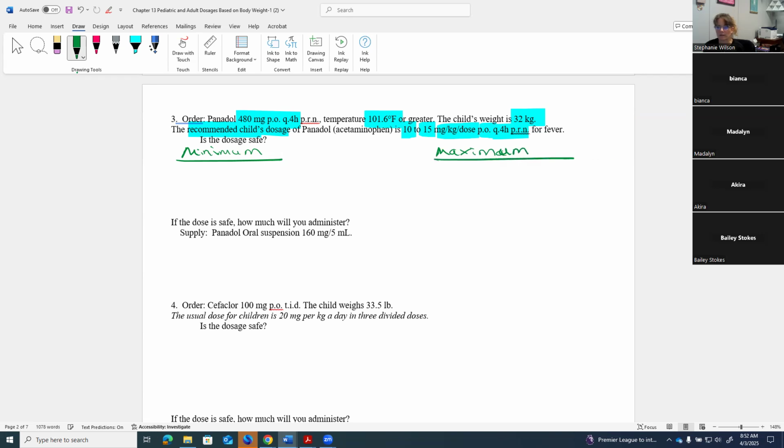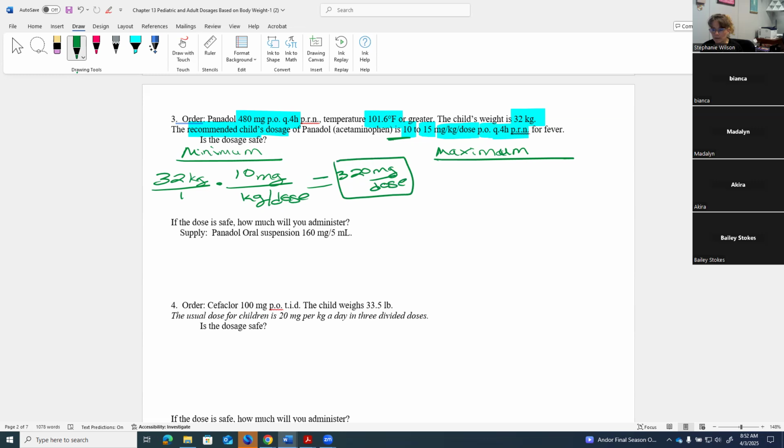So let's calculate it. Our patient is 32 kilograms times our minimum of 10 milligrams per kilogram per dose. So now I have 32 times that 10, which gives me what, 320 milligrams per dose.